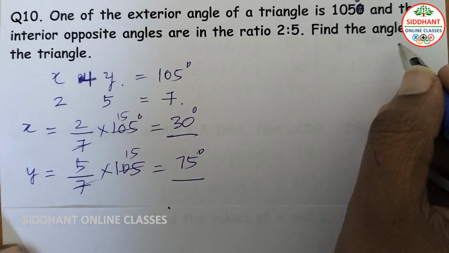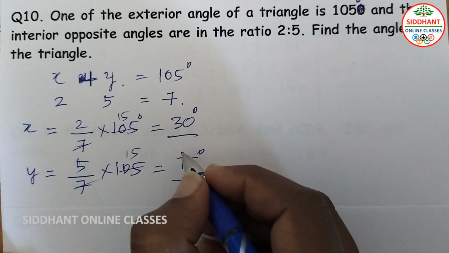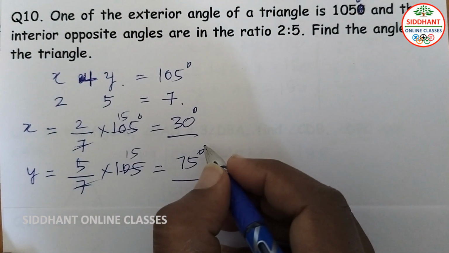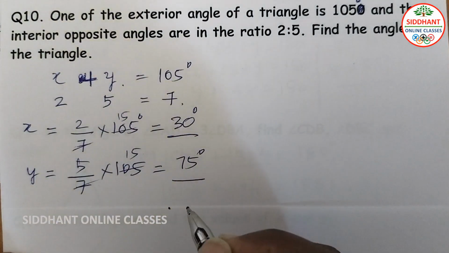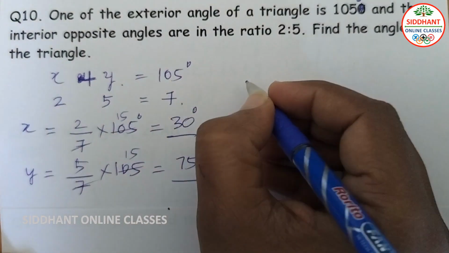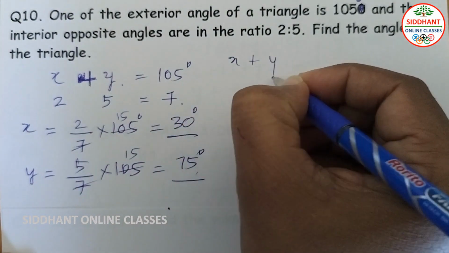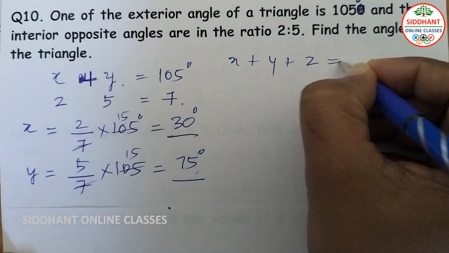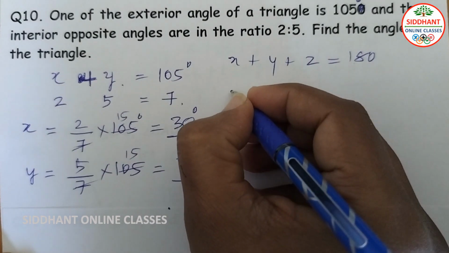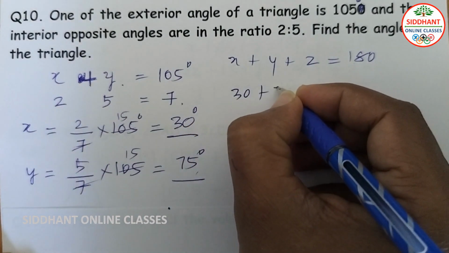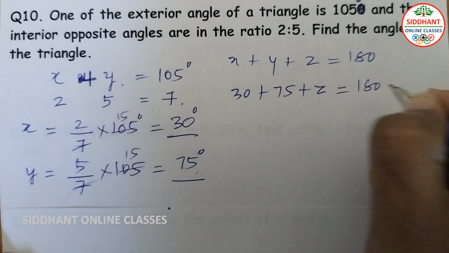Next they ask us to find the angles of the triangle. So we know that the sum of the angles of a triangle is 180. x is 30, y is 75. We are going to find the other angle. Let it be z. Then x plus y plus z is equal to 180.